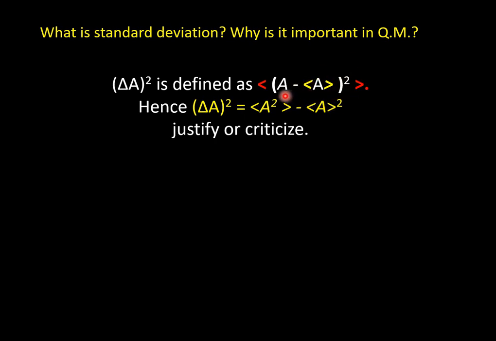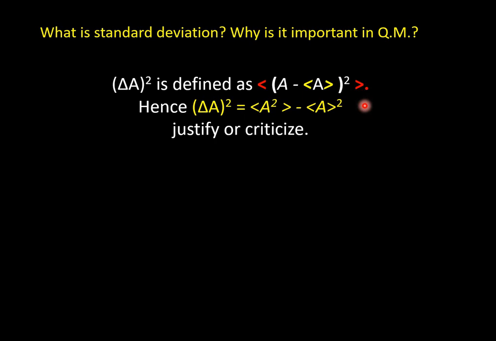It is the difference between the measured value and the mean value, so (A minus A average) squared. Obviously they would be different for different measurements, because A itself would be different for different measurements. So you can take an average, and that red color average is the final average. That gives you the variance.